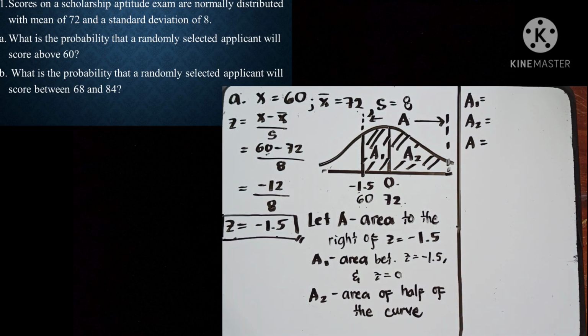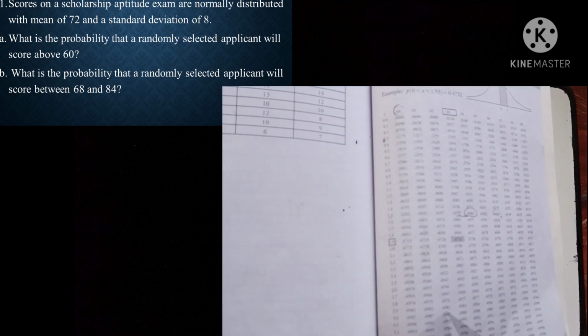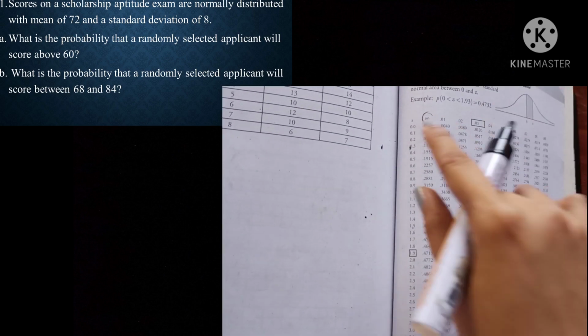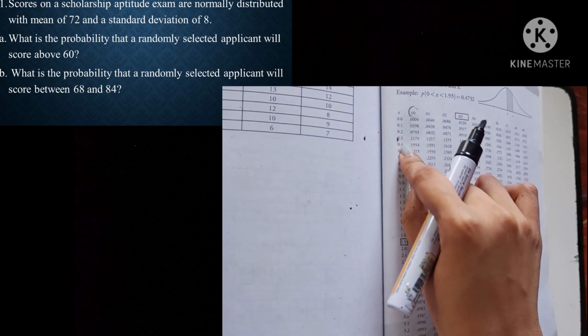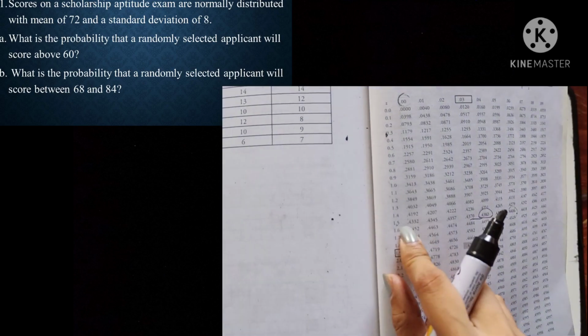Again, kahit negative yan, yung 1.5 yung hahanapin natin pagdating sa z table. Okay? So, that is 1.5. Hanapin lang po. 1.5 or 1.50, it is just the same. So, 1.5, ayan.